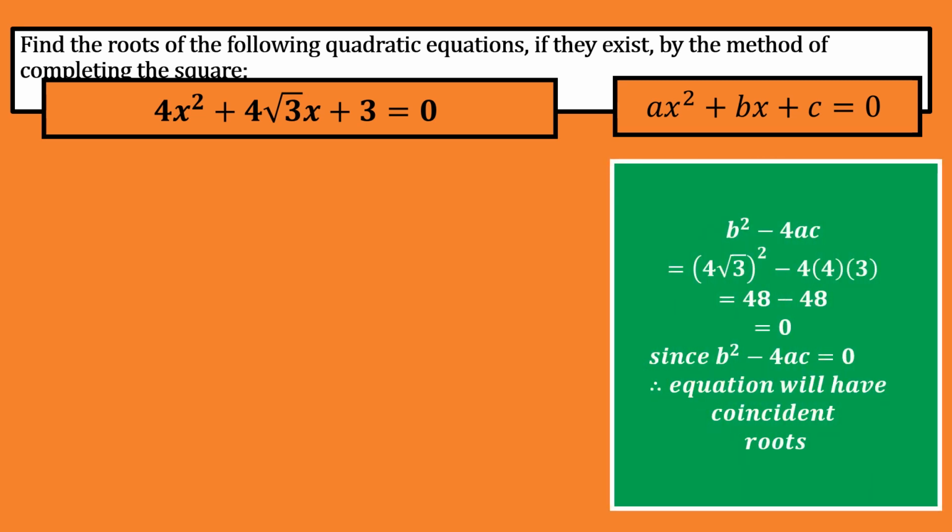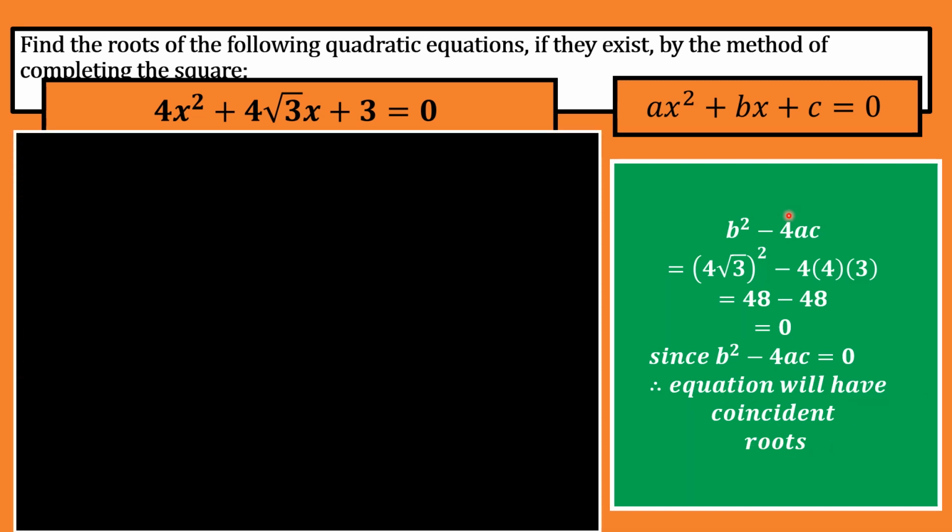First of all, we'll check whether the roots exist by b square minus 4ac. B square minus 4ac comes out to be 0, which means the equation will have coincident roots. So let's solve by the trick method. The first step is to divide the equation throughout by the coefficient of x square, that is 4 in this case.